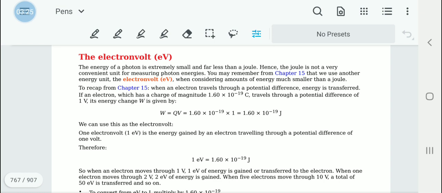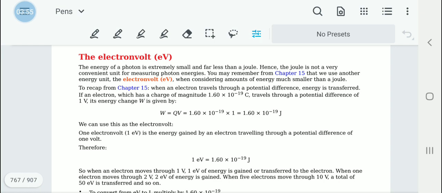is the amount of energy transferred to an electron, or gained by an electron, when an electron of charge 1.6 into 10 to the power minus 19 coulombs travels through a potential difference of 1 volt.